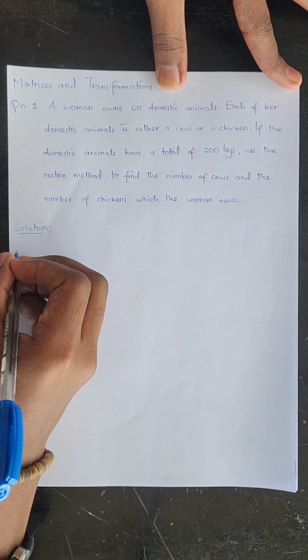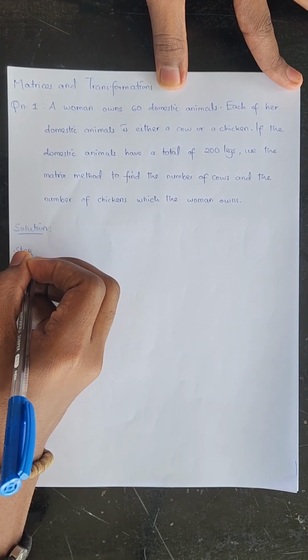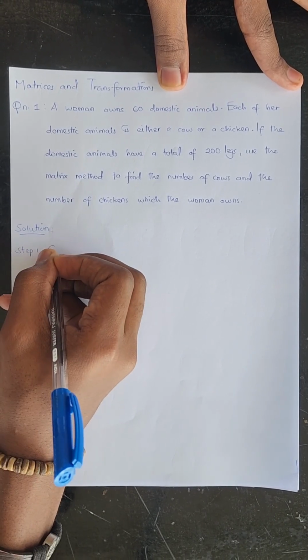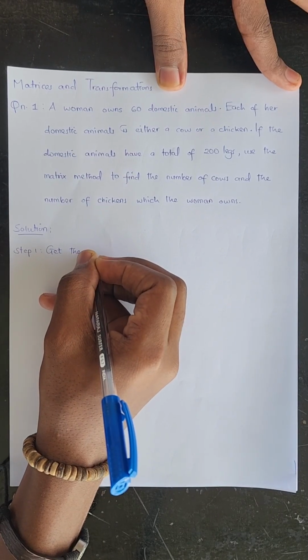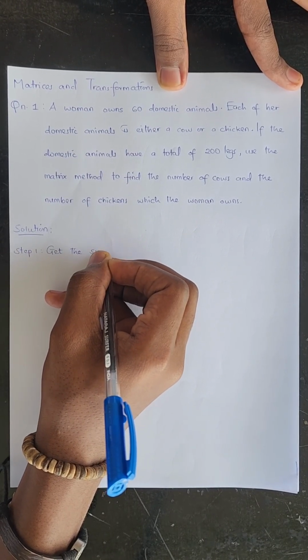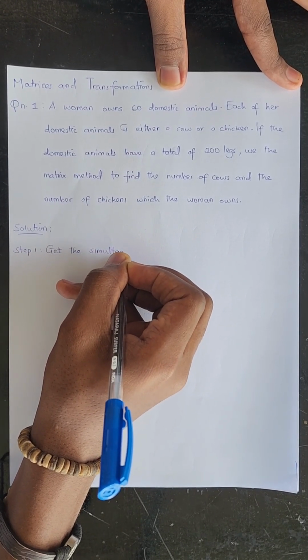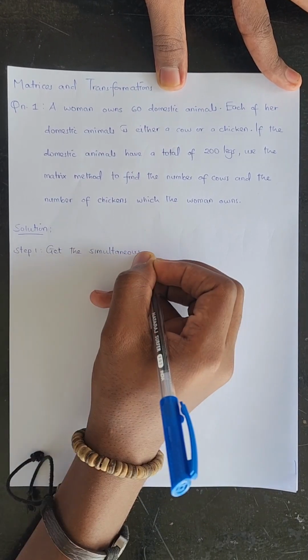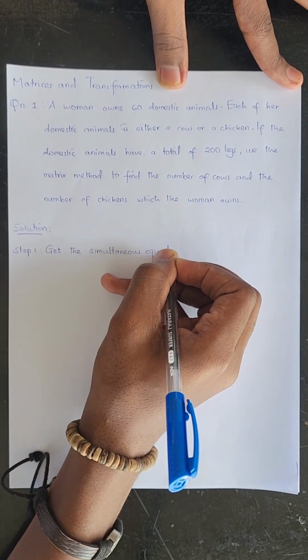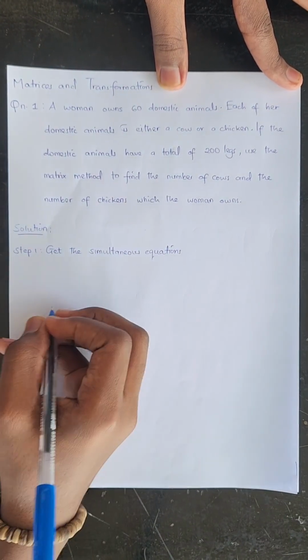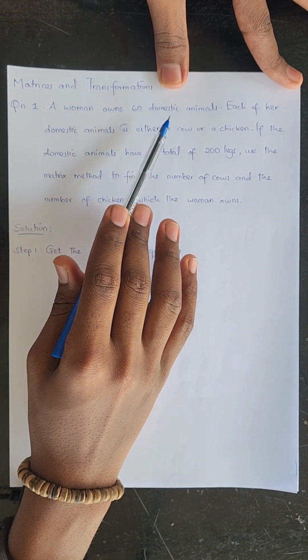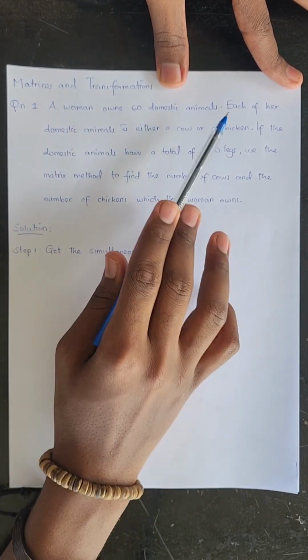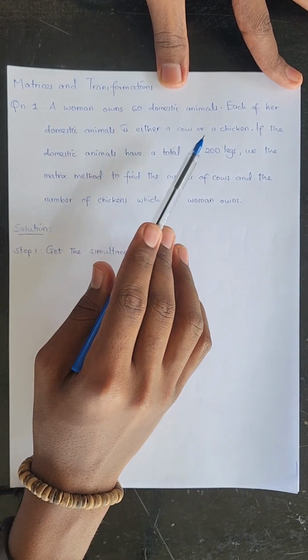Solution. Step 1, get the simultaneous equations. Okay, so the question says a woman owns 60 domestic animals. Each of her domestic animals is either a cow or a chicken.